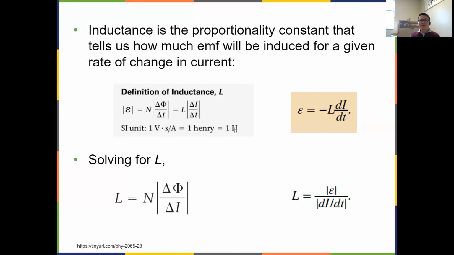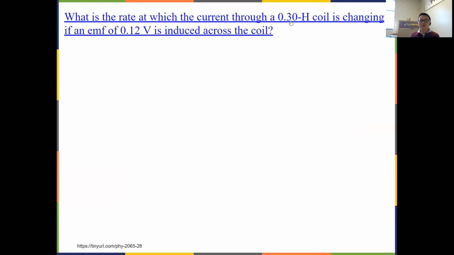The symbol for the unit is H. Because this is the unit for the inductance, it refers to inductance L. It tells you L equals 0.30 Henry, and it's asking at what rate the current is changing, if an EMF of 12 volts is induced. So epsilon is 12 volts. Let's write down the knowns given here, and then the unknowns we are looking for.